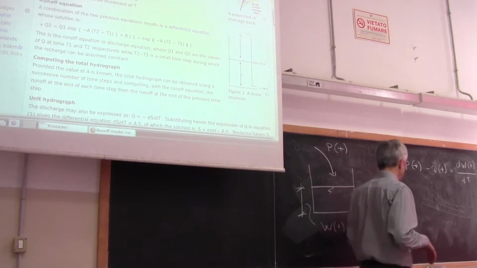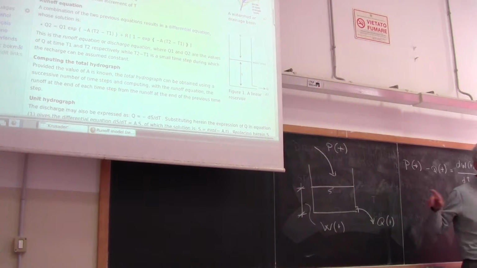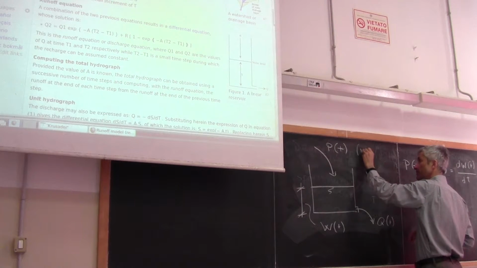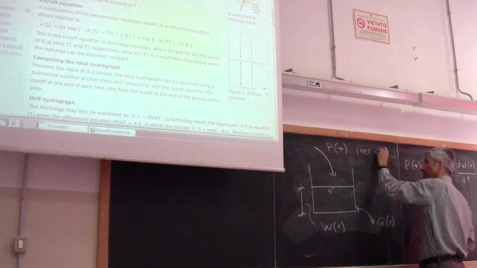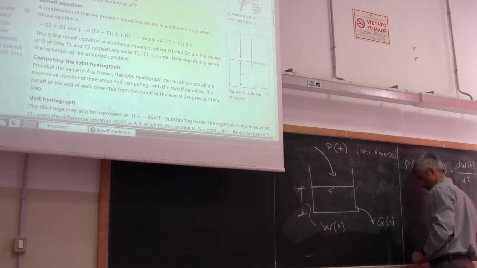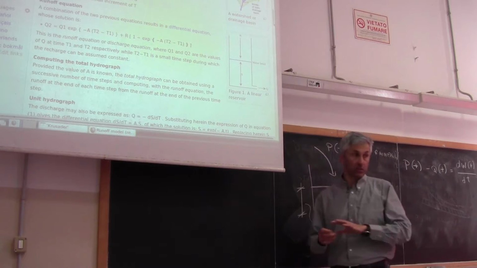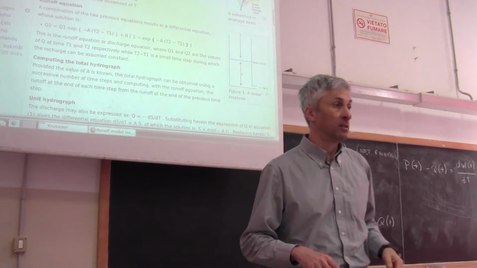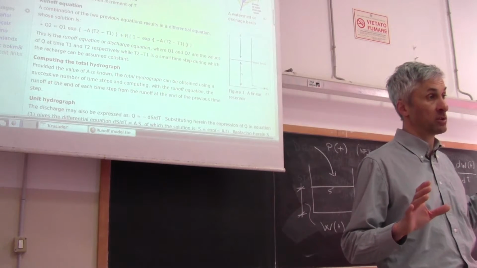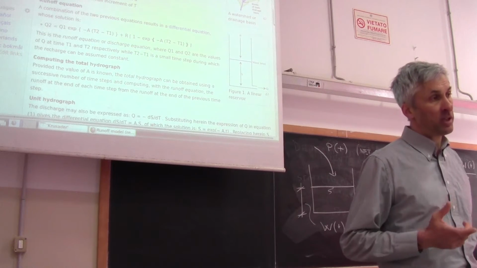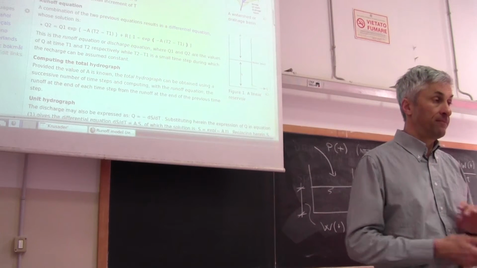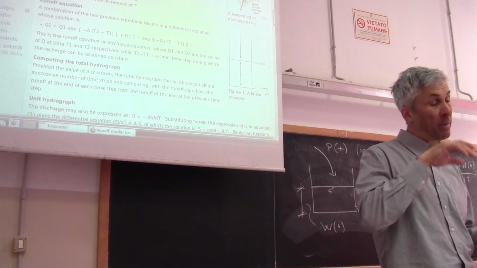I forgot to say one thing, that in order to apply this balance equation, we need to say that this P is net rainfall. Net means that you already took out every possible water loss. It could be evaporation, it could be deep infiltration, also called percolation.